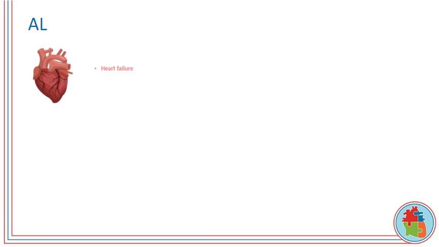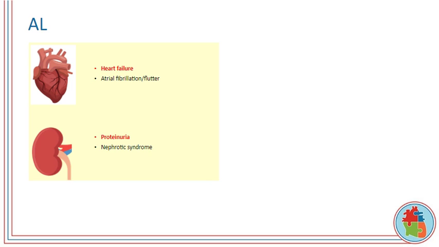In terms of AL, again, heart failure is a major manifestation of AL cardiac amyloidosis. The other condition that's an important problem is nephrotic syndrome or proteinuria. So the kidneys are frequently affected by AL amyloidosis. And again, orthostatic hypotension may be a very important problem.